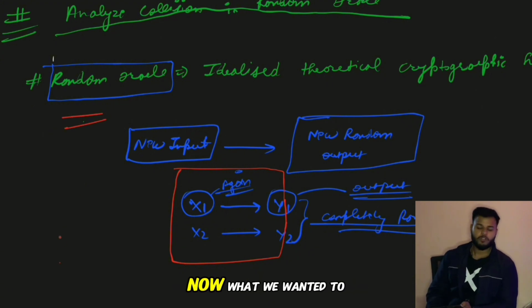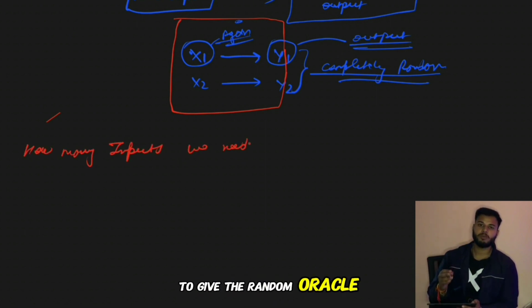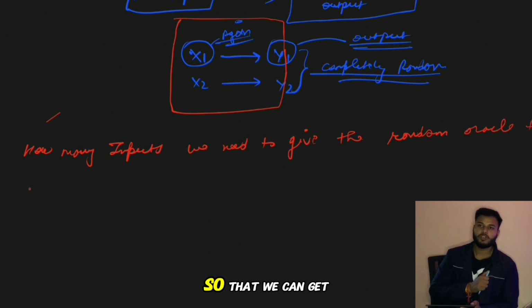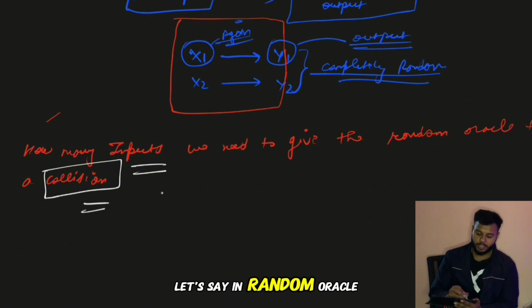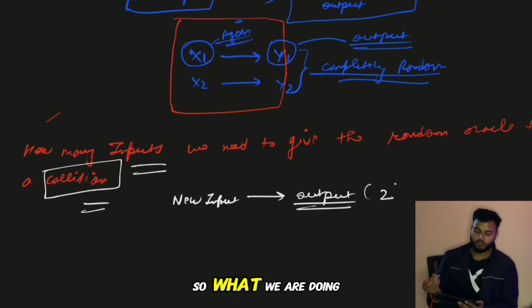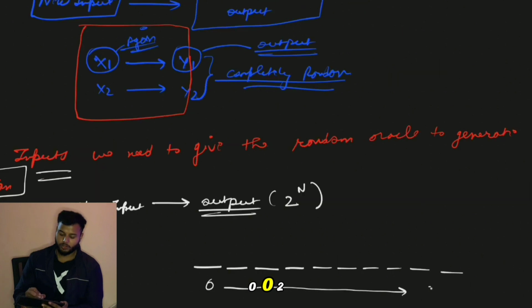Now what we want to understand is how many inputs we need to give the random oracle to generate a collision. Let's say in the random oracle we are generating an output for a new input, and the output space is 2^n. So we are flipping a coin n times, from 0 to n minus 1.